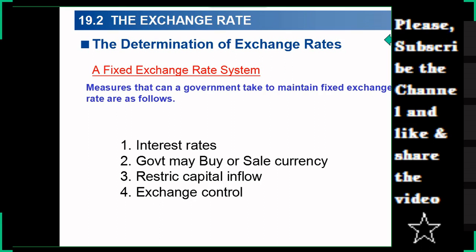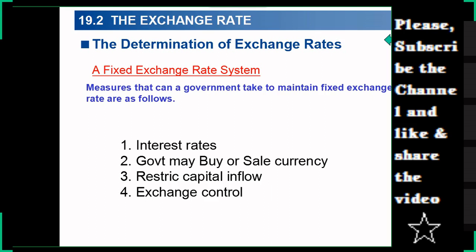Now if foreign investors think of investing into that country, then they will demand the local currency. And as a result, the local currency is likely to appreciate, which the government would not like to happen. So in order to stop that, what is the government going to do?